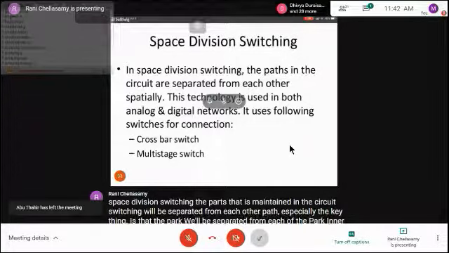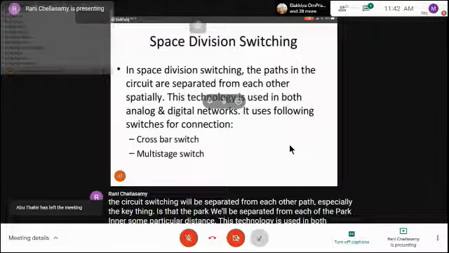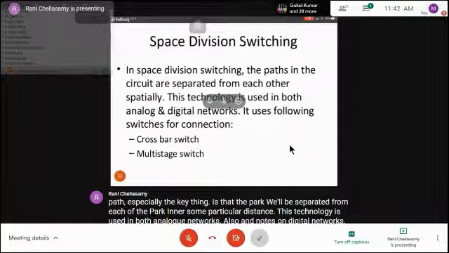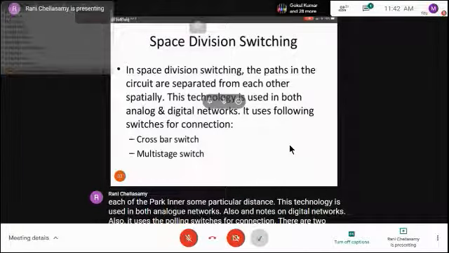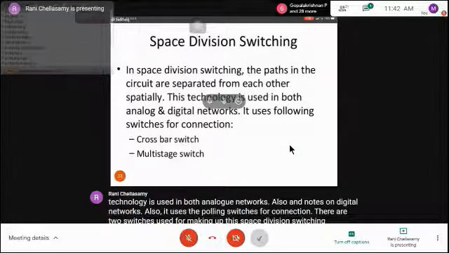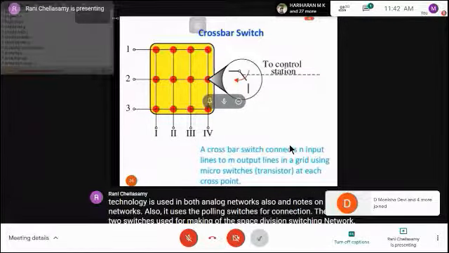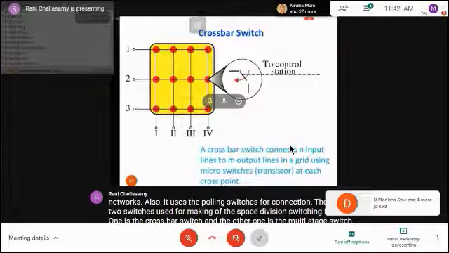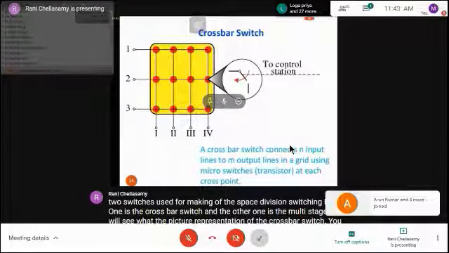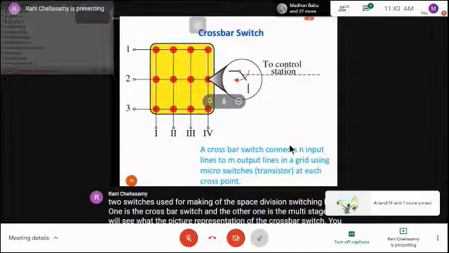It uses the following switches for connection. There are two switches used for making up the space division switching network: one is the crossbar switch and the other one is the multi-stage switch. We'll see the pictorial representation of the crossbar switch. Here you may see the grid-like appearance. Each input and output makes a cross point at the meeting point.